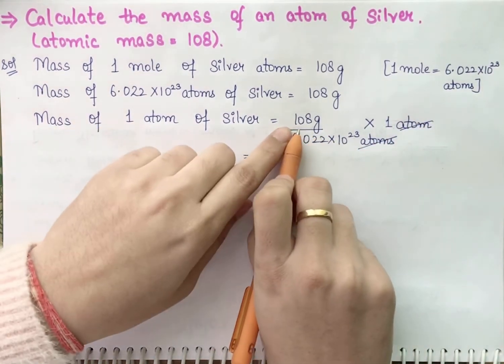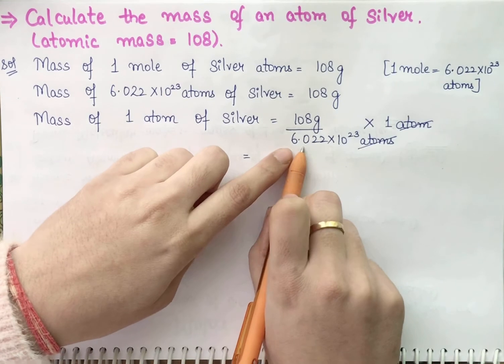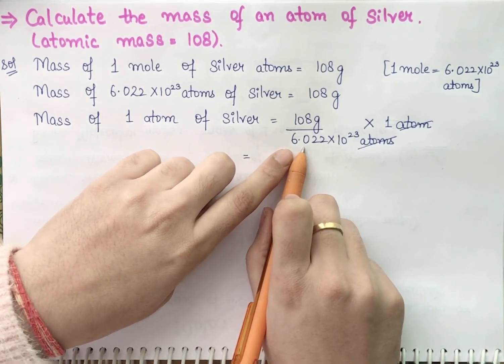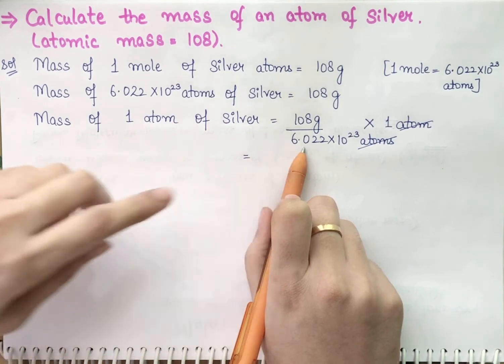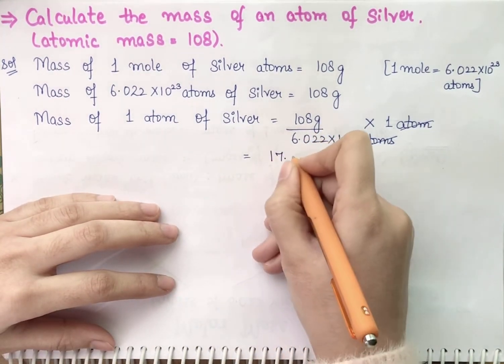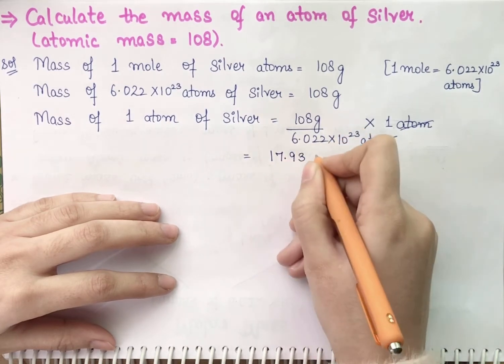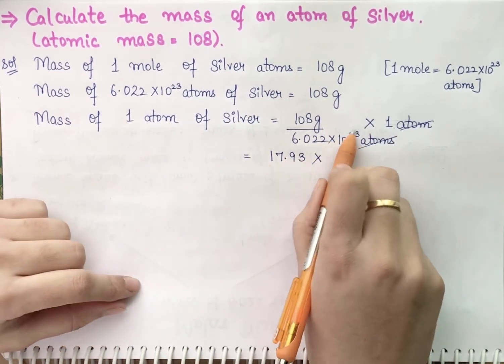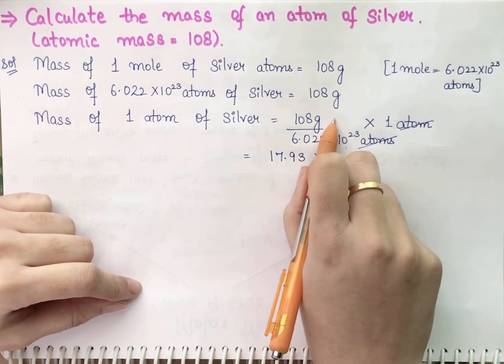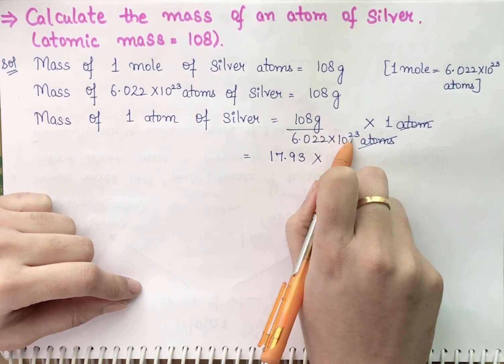So if I divide 108 by 6.022 into 10 raised to power 23, I'll simply get 17.93. Okay, here I'm having 10 raised to power 23 in denominator. When I take this value in numerator, it will be 10 raised to power minus 23.